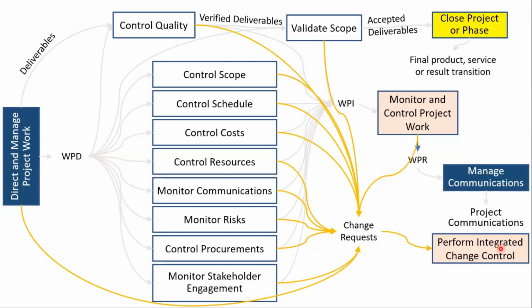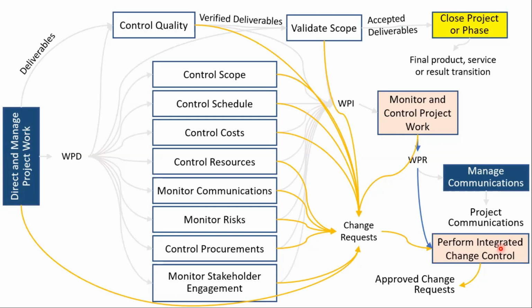Okay, of course we can discuss the change control process itself in some other video, but as of now understand that all the change requests are analyzed or reviewed within the perform integrated change control process, and it generates what we call approved change requests. Okay, so change requests are generated by a lot of processes.